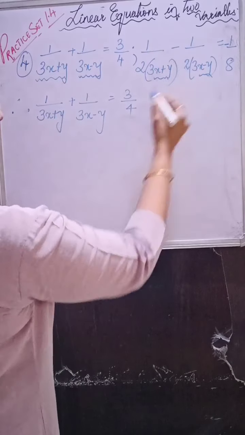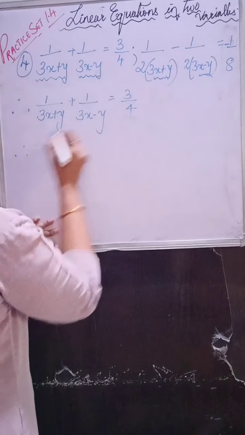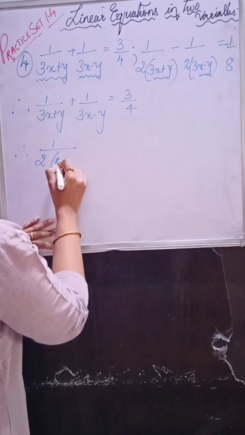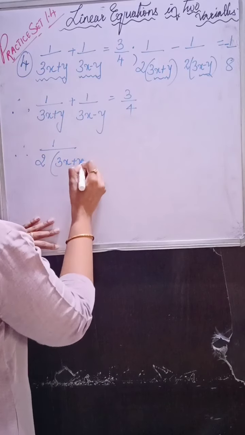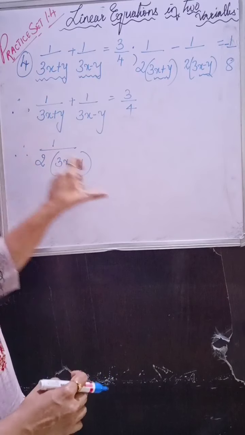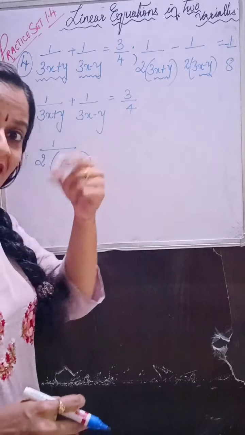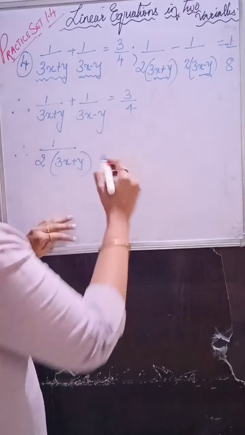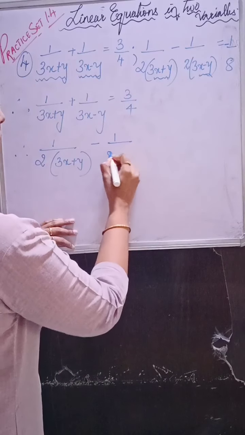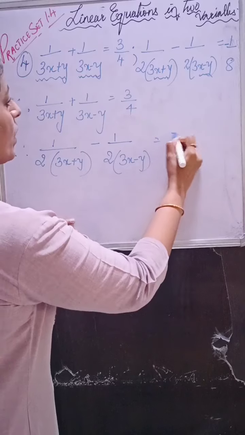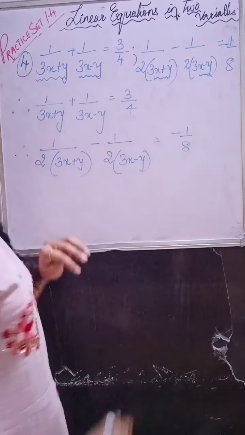Now this equation is given as 1 upon 2 and then 3x plus y. This 2 is the denominator. So, you should be careful. Minus 1 upon 2, 3x minus y is equal to minus 1 upon 8.